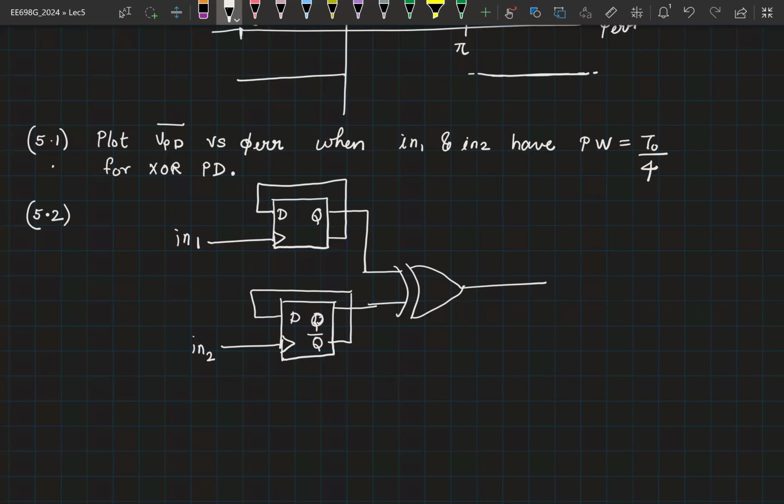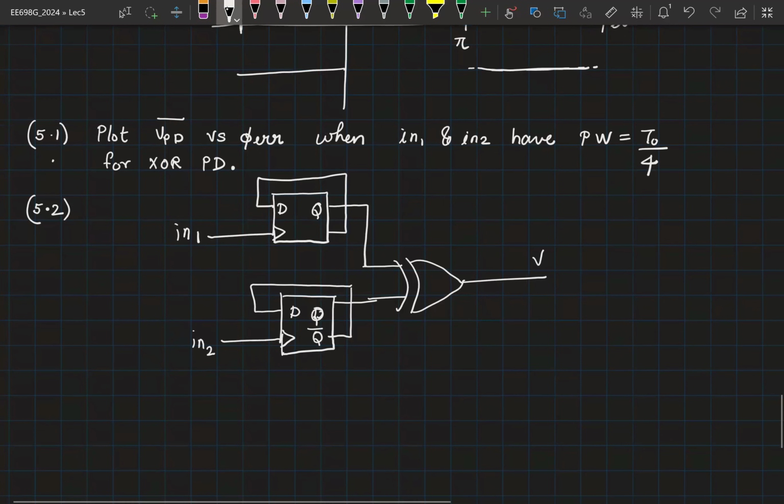Yeah, duty cycle is different. Duty cycle is at 25%.